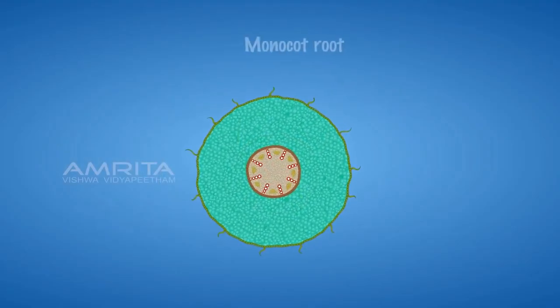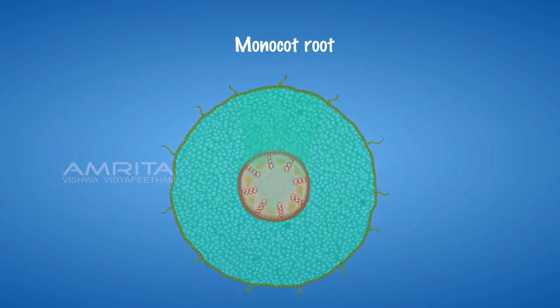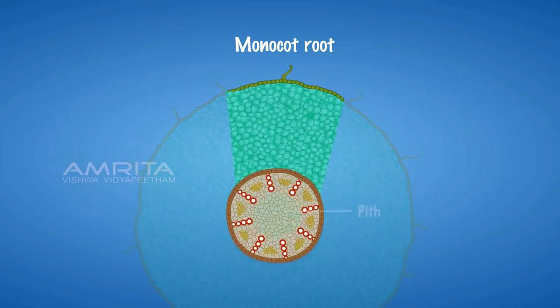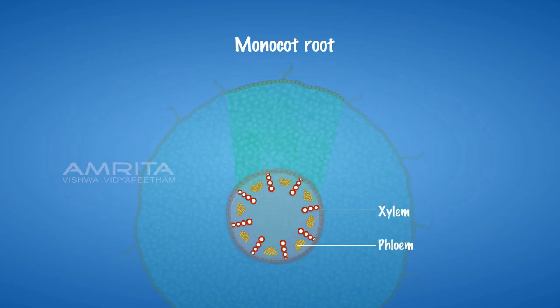Monocot root. Monocot roots vary from dicot roots in some ways. The central portion of the monocot root is occupied by well-developed pith made up of parenchyma cells. The vascular bundle consists of 8 or more alternate bundles of xylem and phloem called radial bundles.